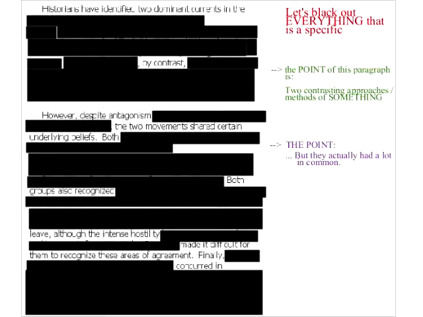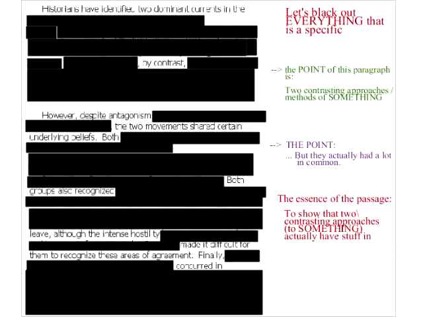The essence of this passage is the combination of these two very succinct main ideas, which is to show that two contrasting approaches to something actually have stuff in common.